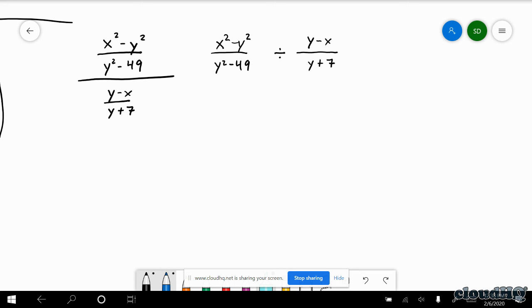And now I can turn it into a multiplication problem. So turn it into a multiplication problem, reciprocate the second fraction, and then we should make sure everything is factored.